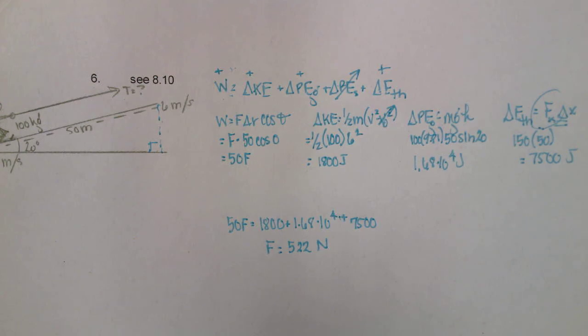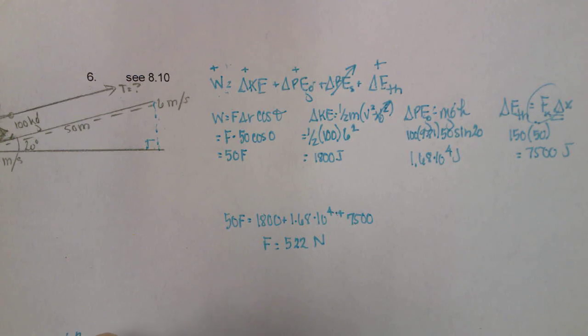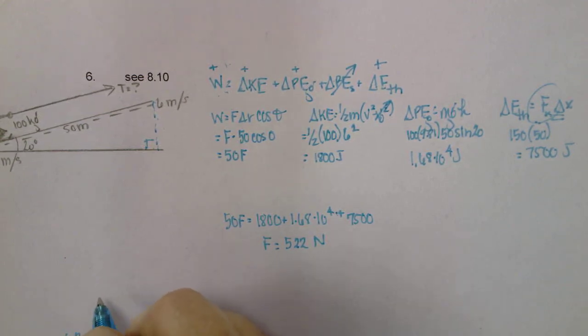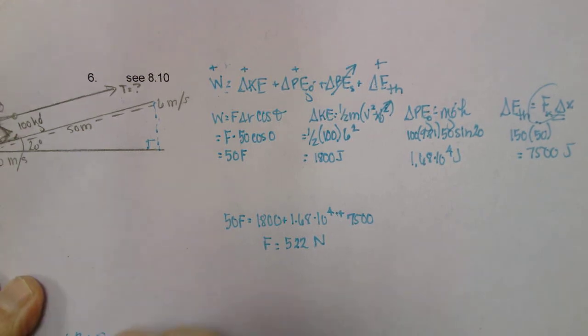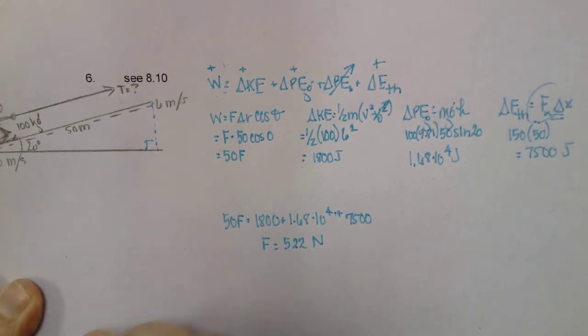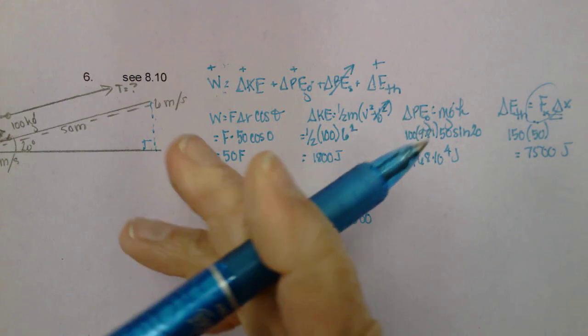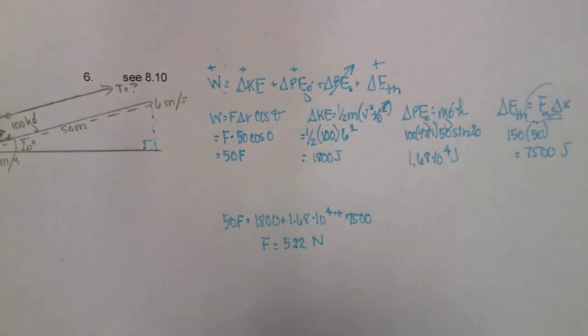Your homework for this is going to be 63, 65. Nope, I have that wrong. I'm so sorry. That's the power problems, and I don't think you're quite ready for those. These are going to be 49 through 56.